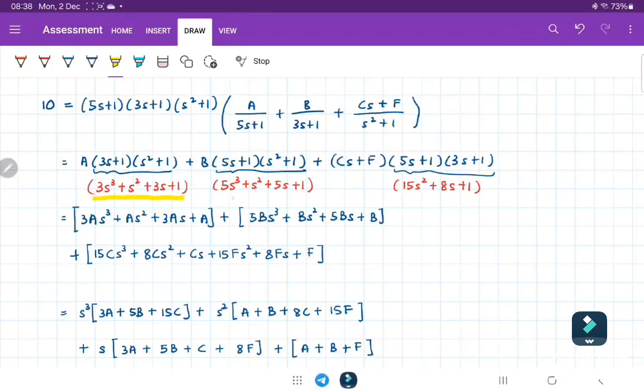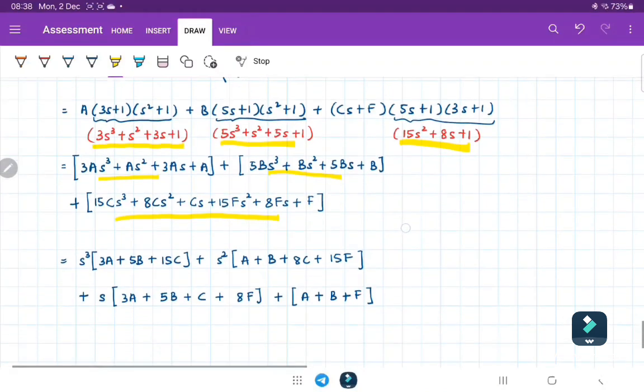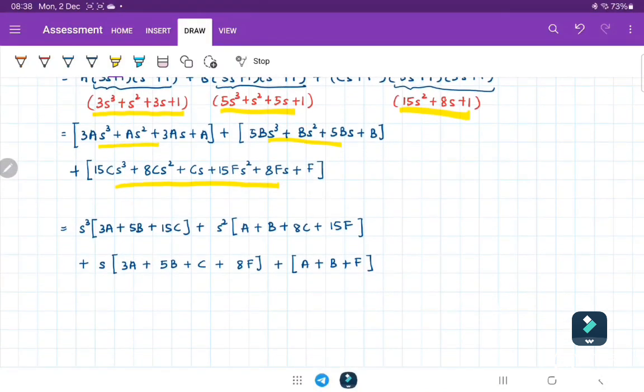First I expand this part and this part and this part, and then I multiply with the A, B, and Cs plus F. When I expand, I put all the A's together, the B's together, and this is from the Cs plus F. Then I rearrange the terms according to the power of s that they have. The first one is s cubed, then s squared, then s, and here s to the power of 0. Just the usual way that you use your cross multiplication.